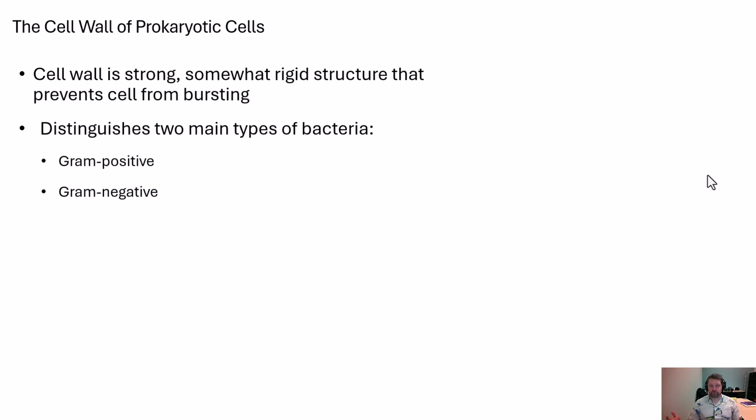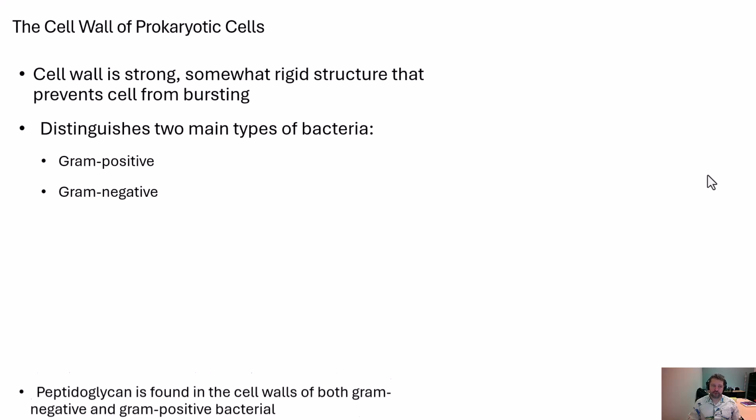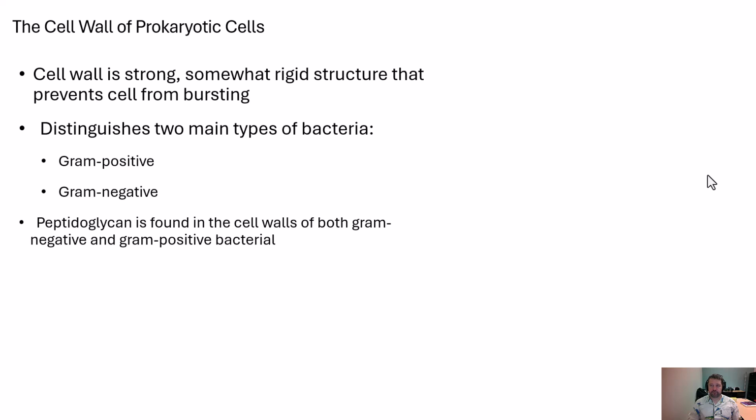Okay, there's two distinguishing types. We talked about this before. There's gram-positive and gram-negative. Gram-positive typically have a very thick peptidoglycan layer, and that's what's dyeing purple with crystal violet when you're using a gram stain.